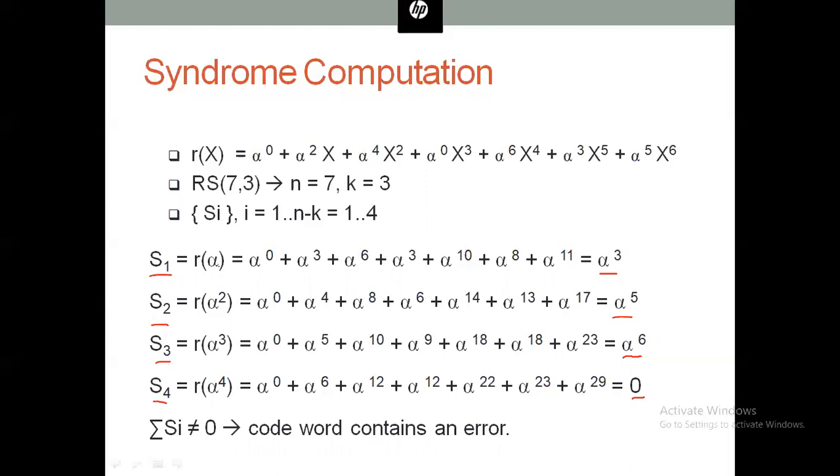That is calculated by substituting the first root, second root, third root in the received vector, and the fourth root, which is the n minus kth root of the vector.